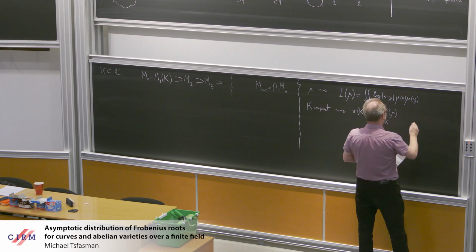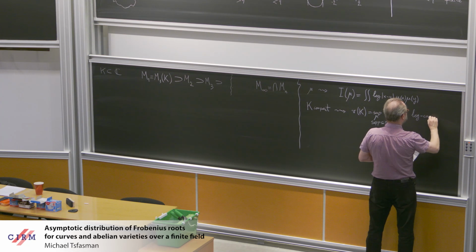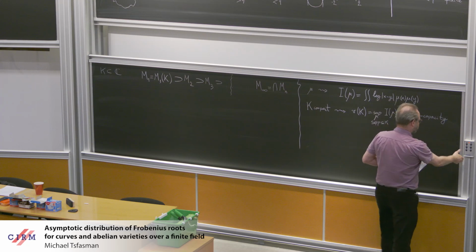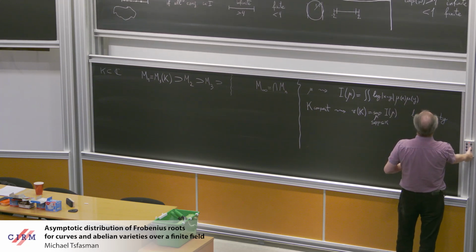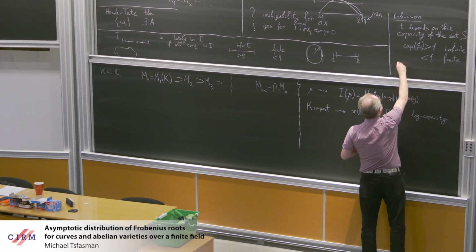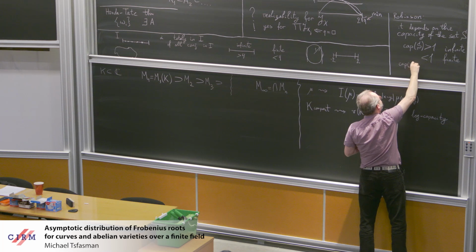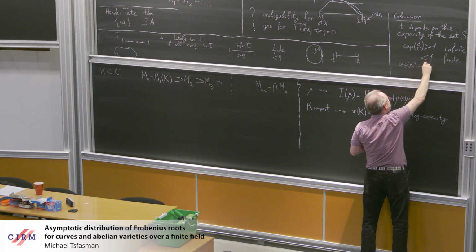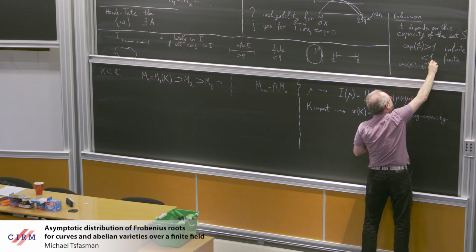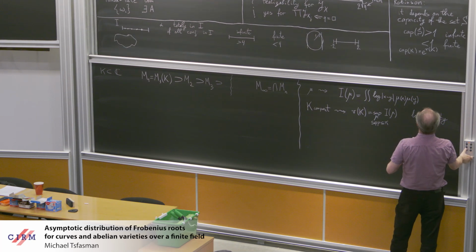And I call this the log capacity. And the capacity I mentioned here is just the capacity of K, which is e to the power of the log capacity of K. So I can return it back.